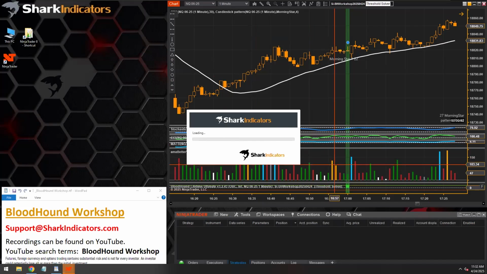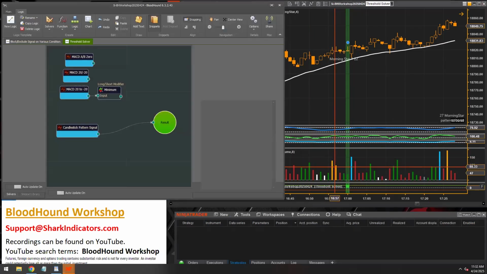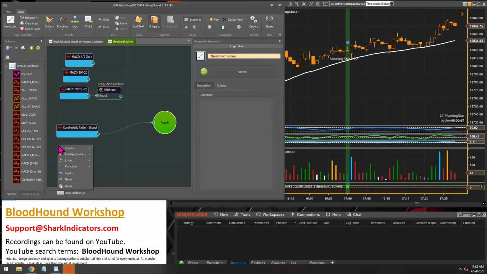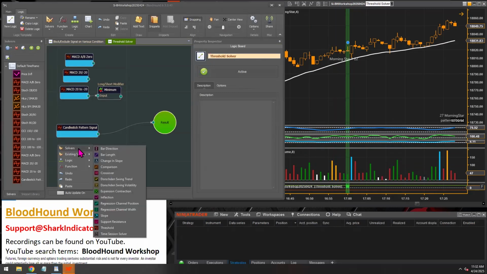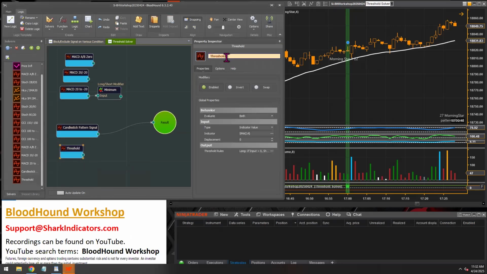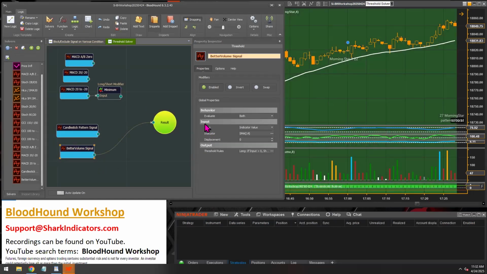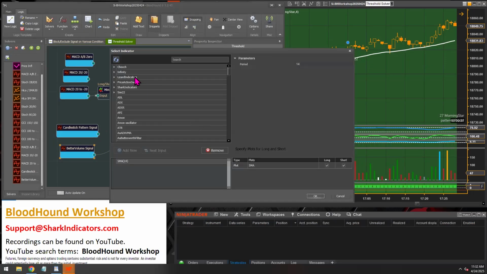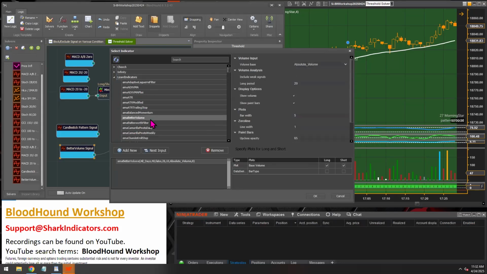And so we'll read the better volume indicator to identify those various conditions here. All right, so again, our input, let's plug in that better volume indicator. There we go.